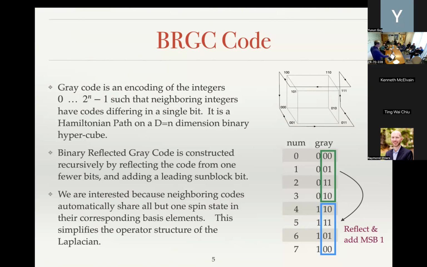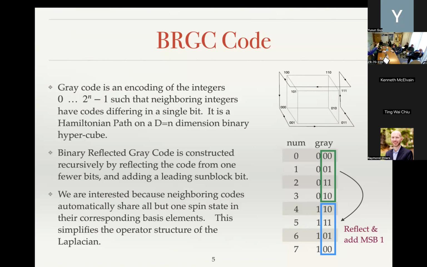And you can just keep doing this reflection trick and adding an extra bit, and you can make a binary code for any power of 2 sequence. So this can be done generally, for all integers all the way up. If I wanted to go up to 256 or 512, this can always be done.